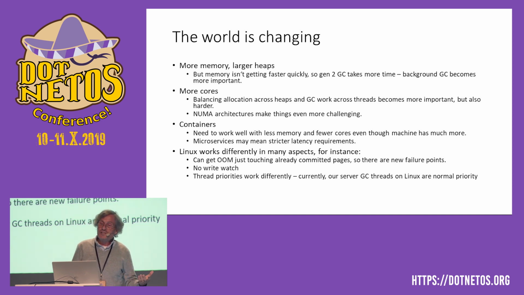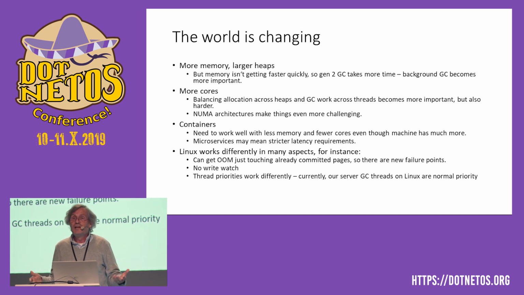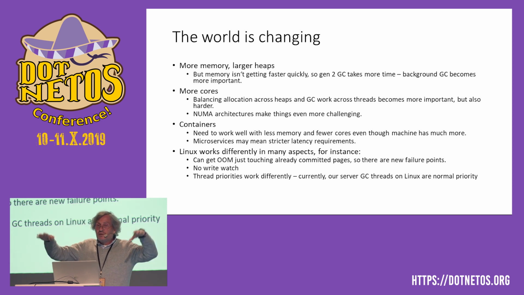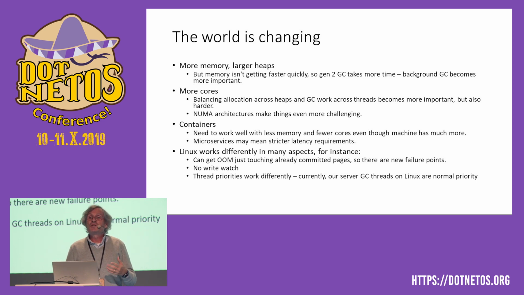And for server GC, that means more and more heaps. And that means balancing allocations between these heaps and balancing GC work becomes more and more important, because if you have a GC thread that takes much longer than others, it will block the others from progressing. And that will increase GC pause times.